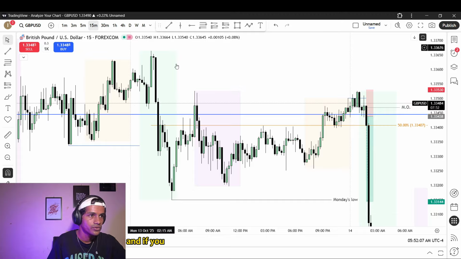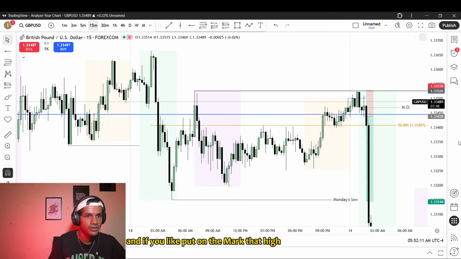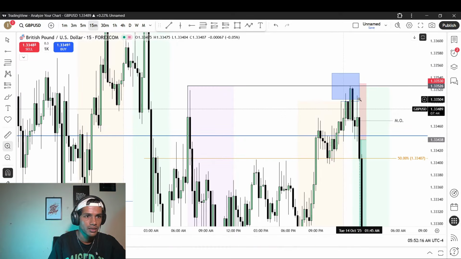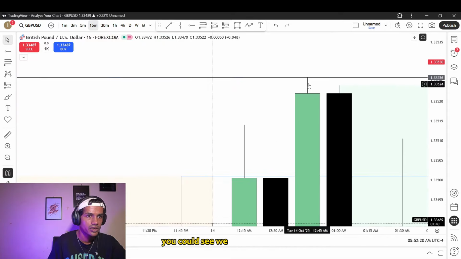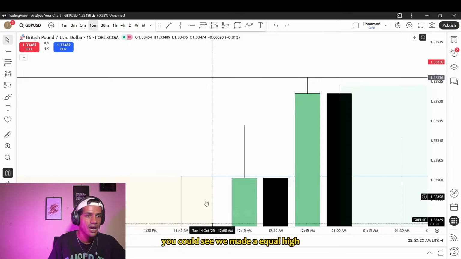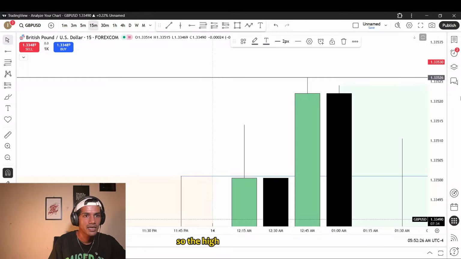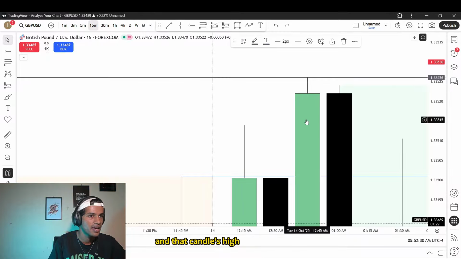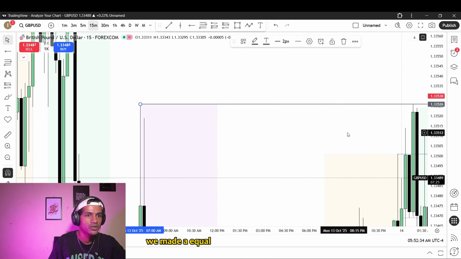If you put a mark on that high, let me just zoom in. All right, we could see we made an equal high. I think we didn't take out that high, so the high comes at 1.33526, and that candle's high is exactly the same. So we didn't make a higher high, we made an equal high.